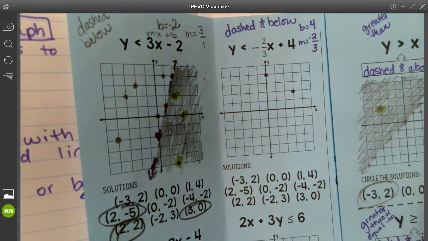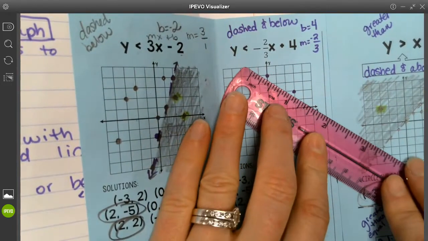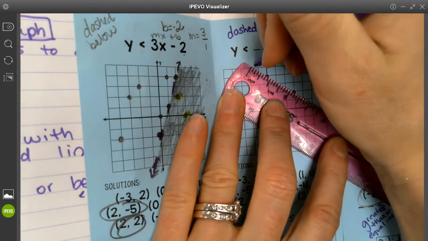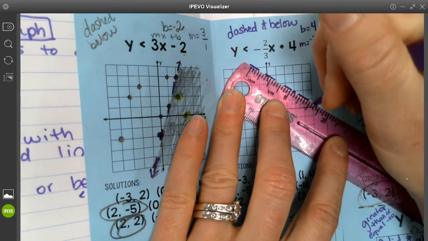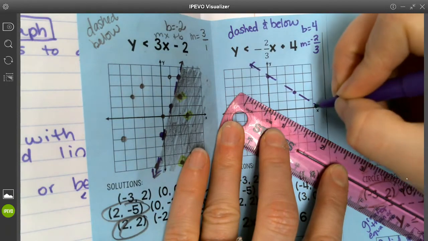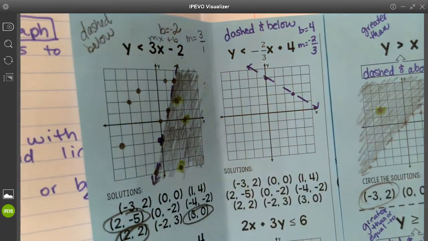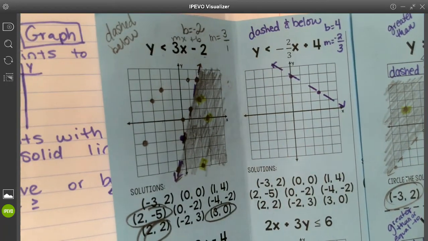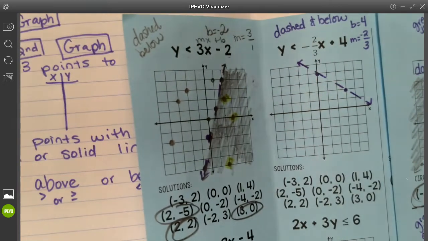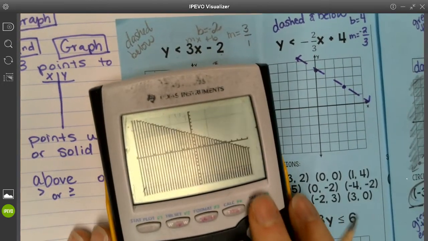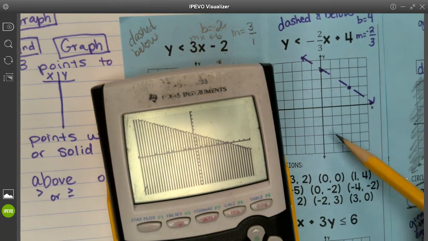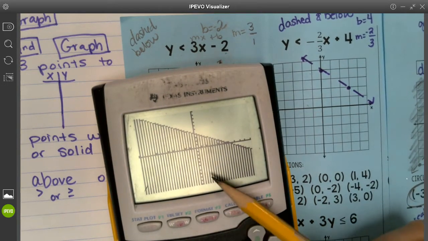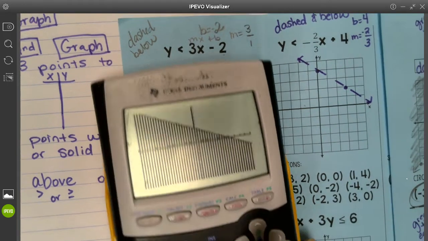All right, so now we do need to do a dashed. And then if you hit back, it is below. So think back, snow on the roof. This is considered below. It confirms it on my graph.